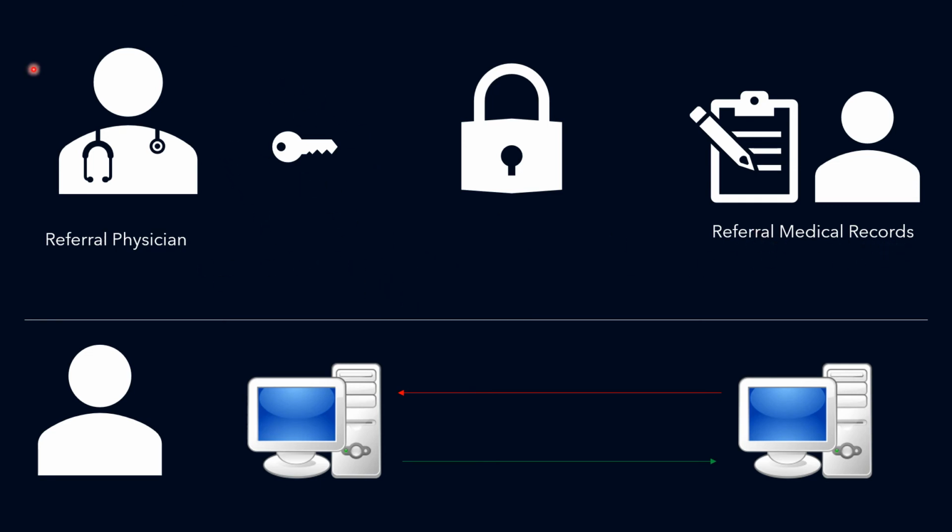So this referral physician is given a decryption key, and with this decryption key, they're able to access these records. If someone else other than this referral physician is able to access these person's records, it means that this person has lost their decryption key. That's basically how it works. So if this person's records are leaked, we can tie it back to this referral physician.